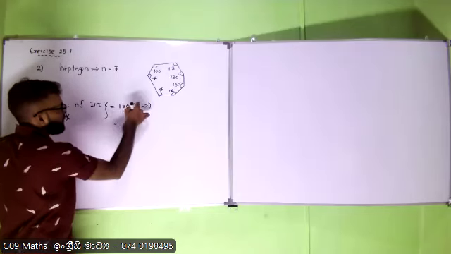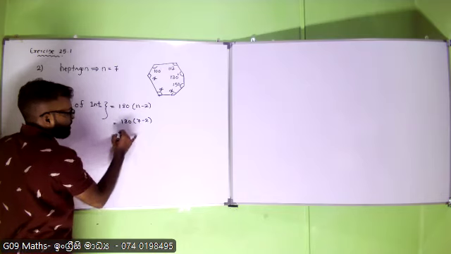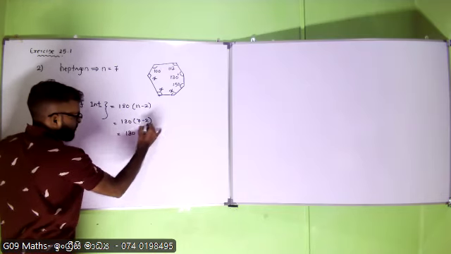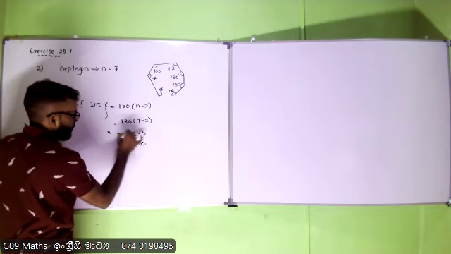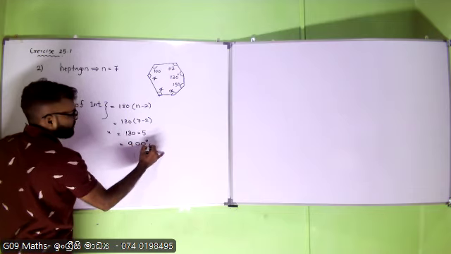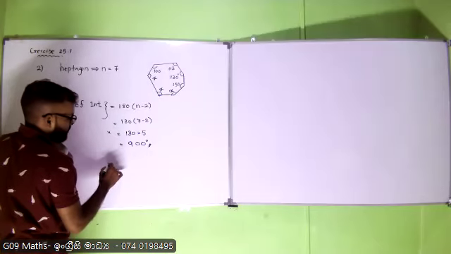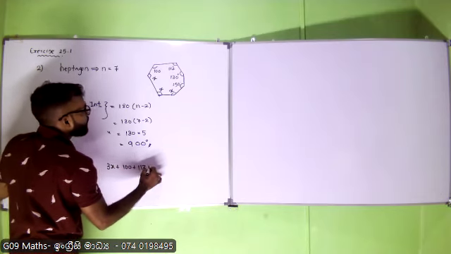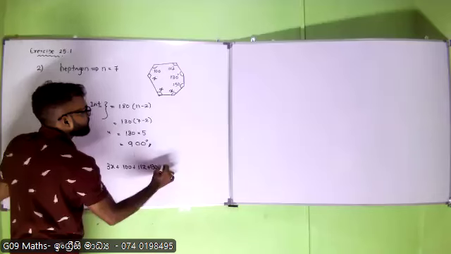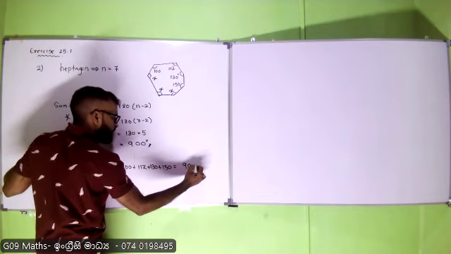We know what n is: 180 times (7 minus 2), which is 180 times 5, so 900 degrees. So 3x plus 100 plus 112 plus 130 plus 150 equals 900 degrees.